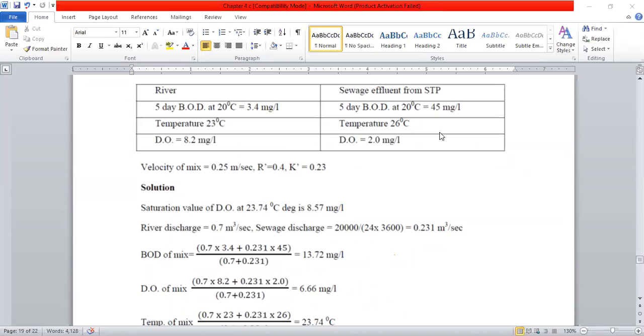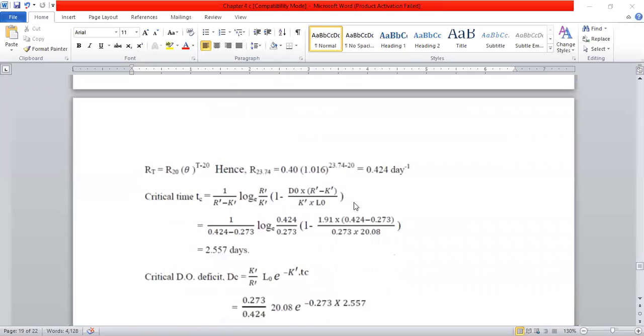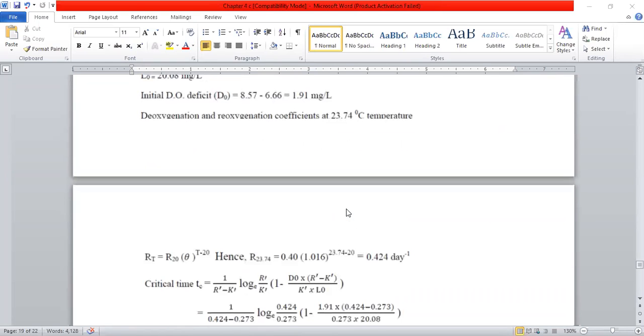Okay. And change in temperature will affect the value of deoxygenation rate and reoxygenation rate that we discussed when we were discussing the theoretical part of this chapter. So how the value of R and how the value of K will change, that we will see.